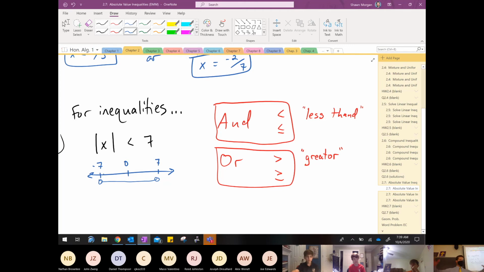They say, we're going to keep it within 7 miles. So his distance is less than 7. That means he could go anywhere to the right, anywhere to the left, up to, but not including 7. So what this means for us is that x could be greater than -7. Now, should I use an "and" or an "or"?